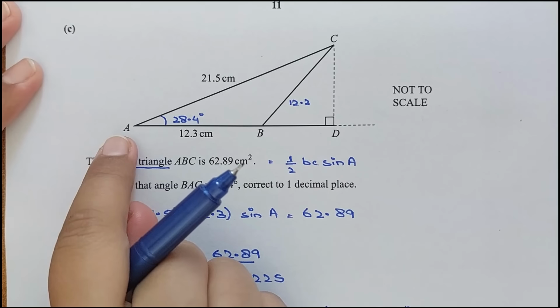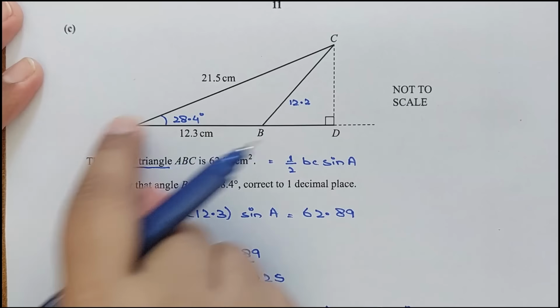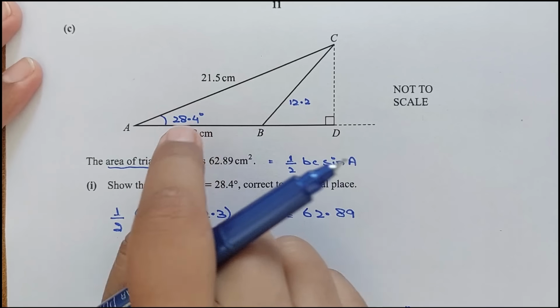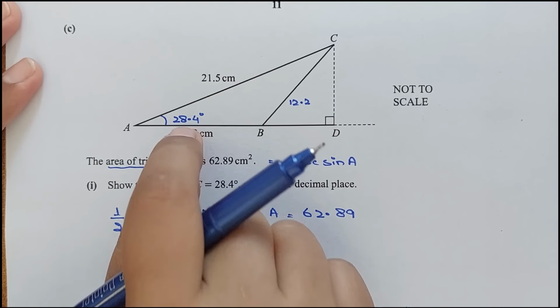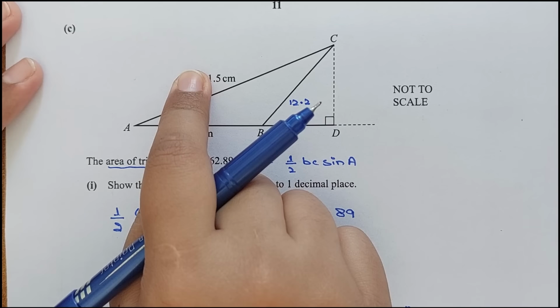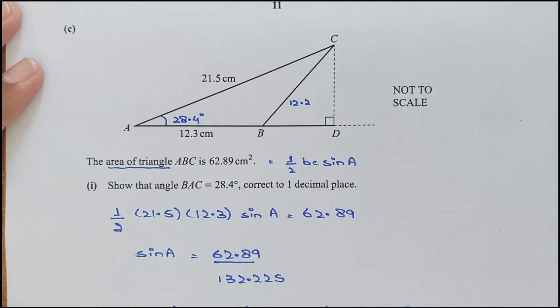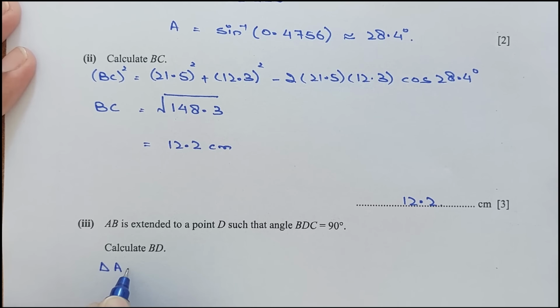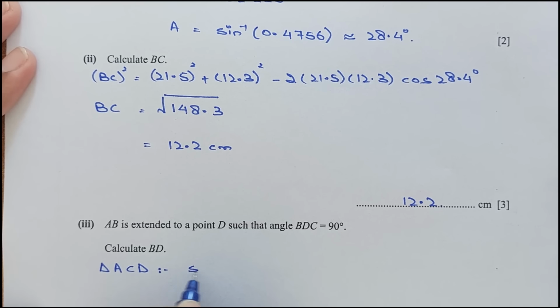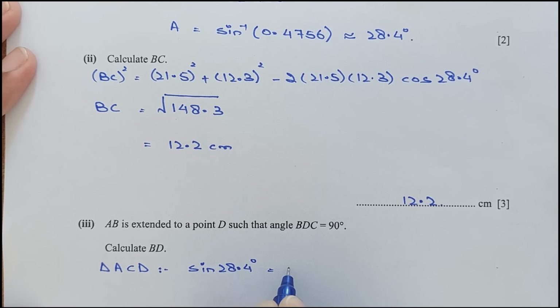All right. So if I consider this triangle ACD, this is a right angle triangle. This angle is given, the hypotenuse is given. Sine of that angle is opposite over hypotenuse, so we will get CD. So in triangle ACD, sine of 28.4 degrees is the opposite, which is CD, over the hypotenuse, which is 21.5.